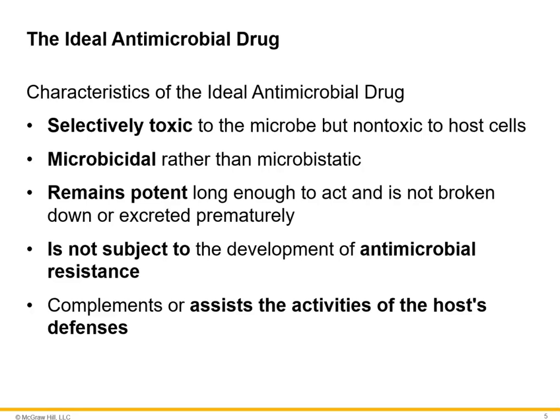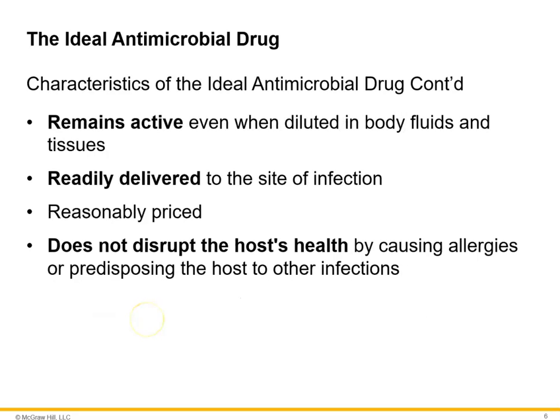We're going to choose a drug that could not be subjected to antimicrobial resistance. Again, remember, this ideal drug does not exist, and every drug is going to be subject to the development of antimicrobial resistance. But ideally, you would have a drug that could avoid that. Ideally, you would have a drug that assists the activities of the patient's own immune defenses.